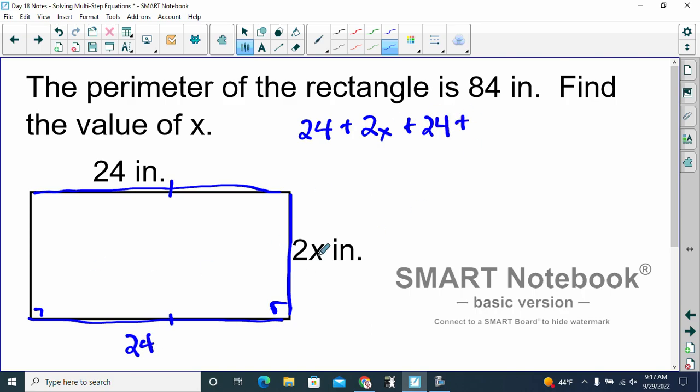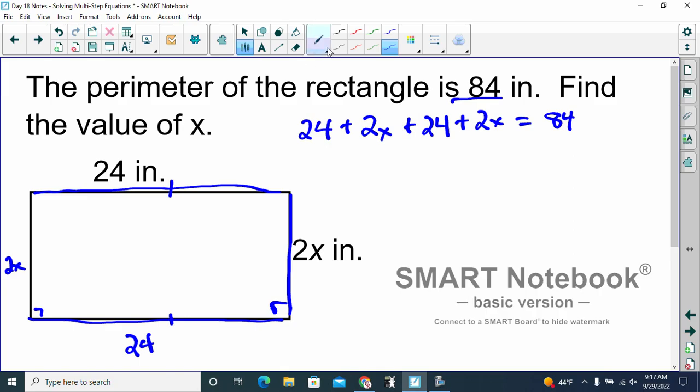And same thing here, if this is 2x, then this one over here is also 2x. So that would be an expression for the perimeter, 24 plus 2x plus 24 plus 2x. And we know that this perimeter is 84, so equals 84. Remember, an equation has to have an equal sign. So there's our equation.